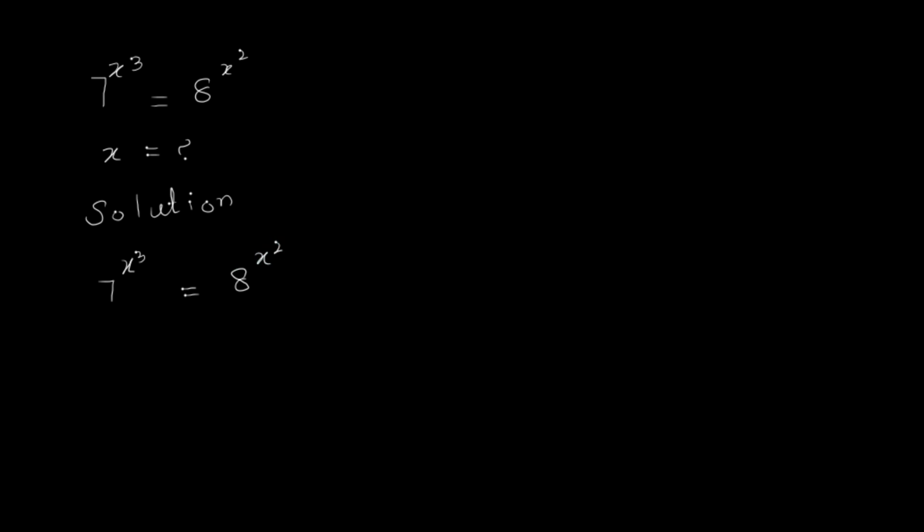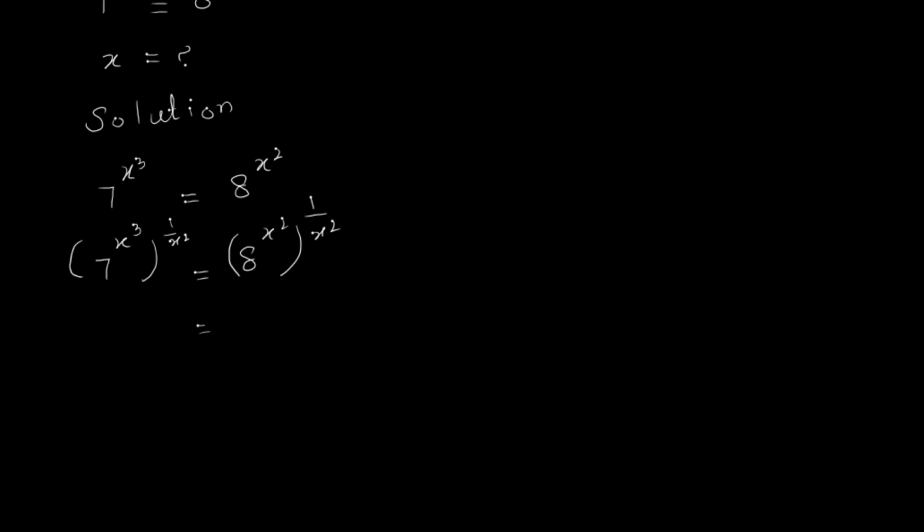Taking power on both sides. Here x square is the lesser power, so we will take power 1 over x square on both sides.